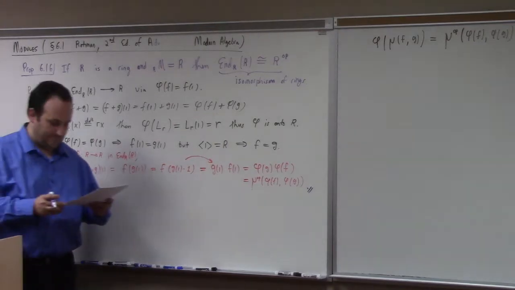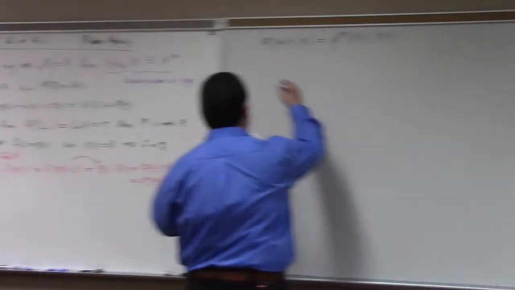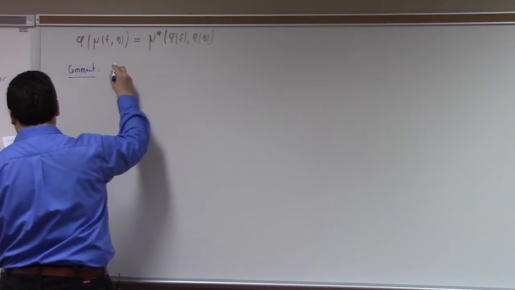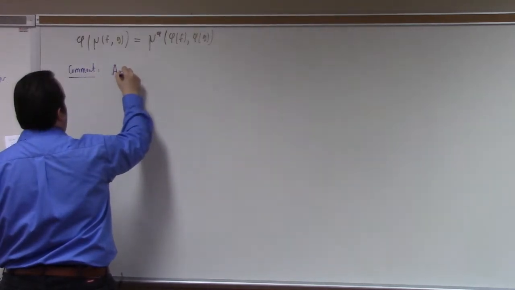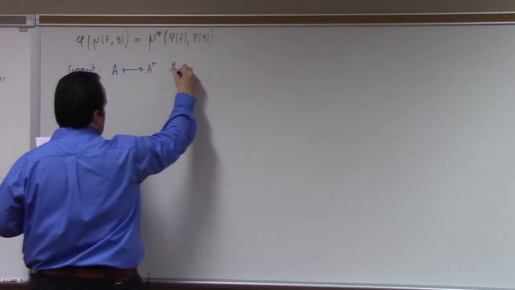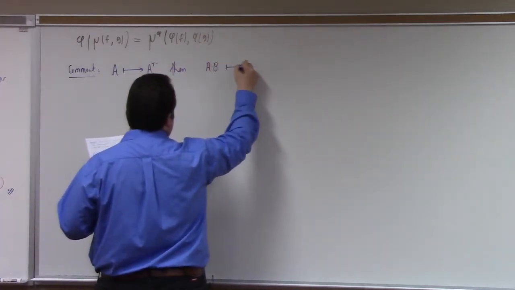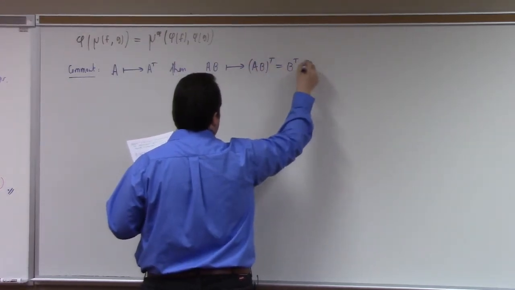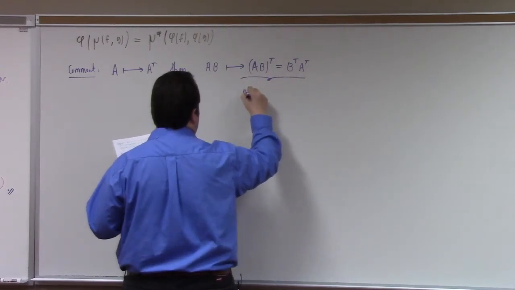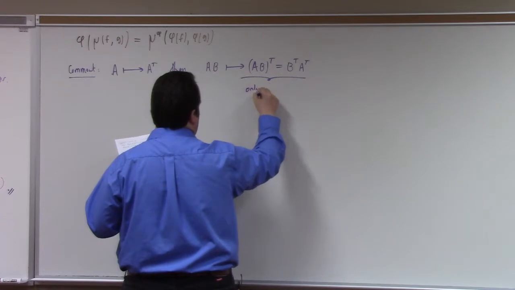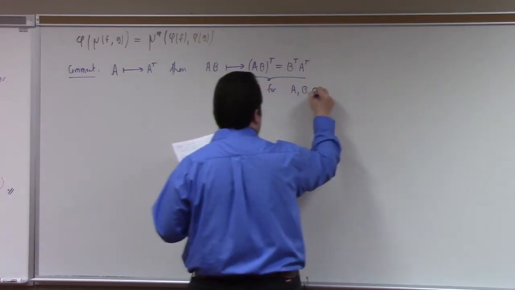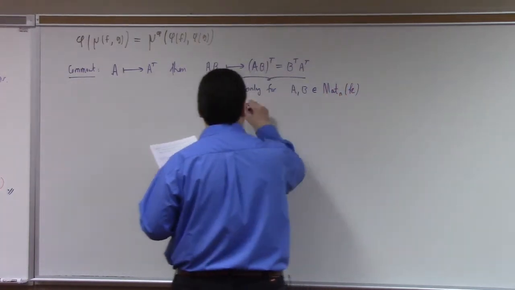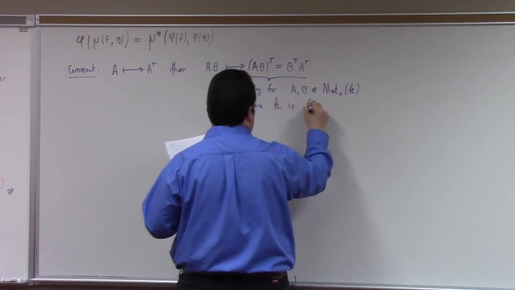We good? Now, the next thing is he notices, and this is kind of a nice comment, if we have A maps to A transpose, then you notice that AB maps to AB transpose, which is B transpose A transpose, but hold on a second, only for AB in Mat n K, where K is a commutative ring.